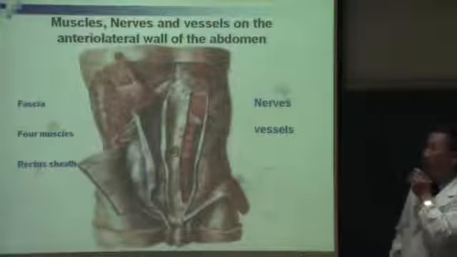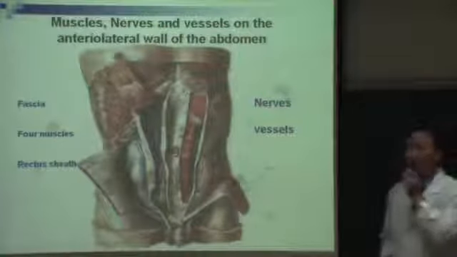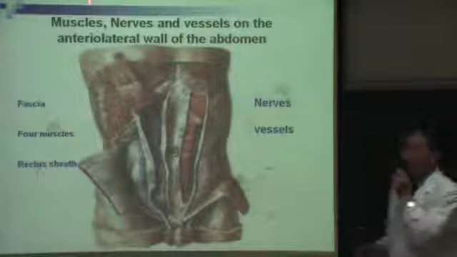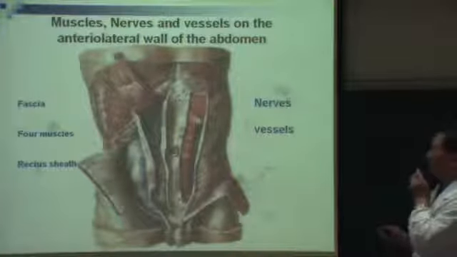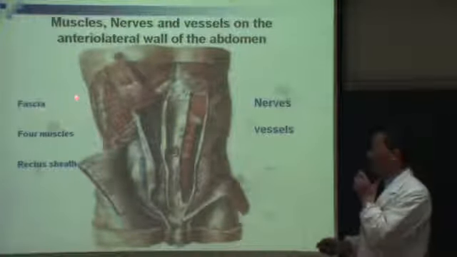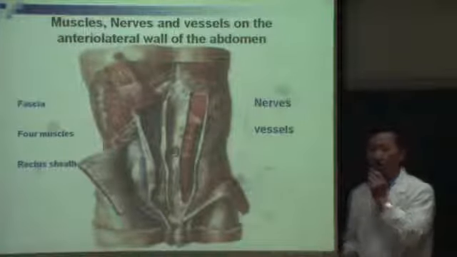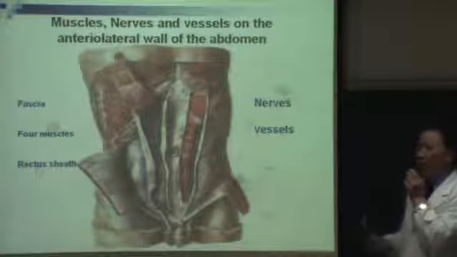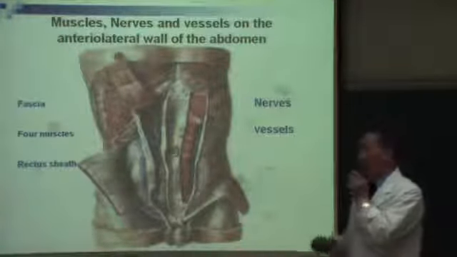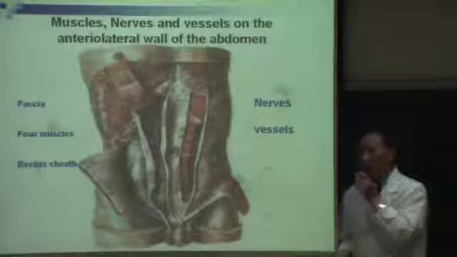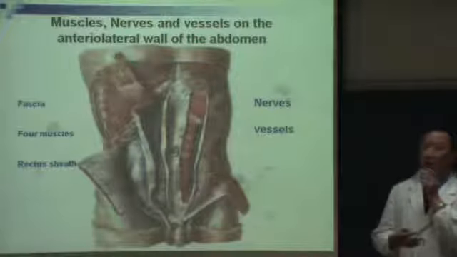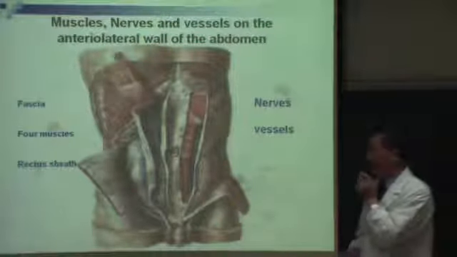On the anterior lateral wall, we have learned the muscles, nerves, vessels. Besides this, the fascias in the anterior lateral wall of the abdomen is quite different from the other regions.